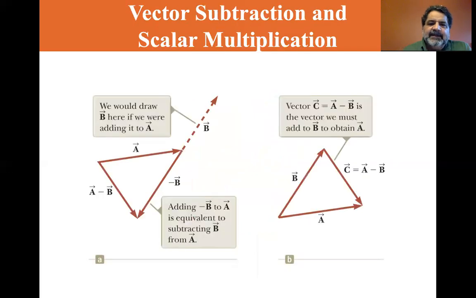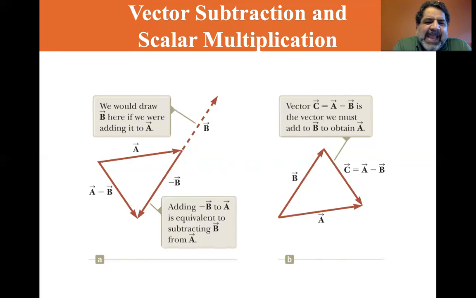All right. Vector subtraction and scalar multiplication. One way to think about vector subtraction is adding the negative of the vector that you want.